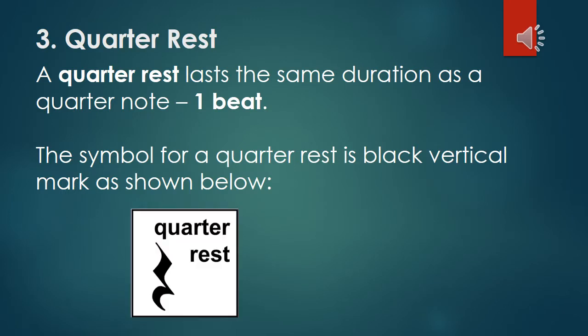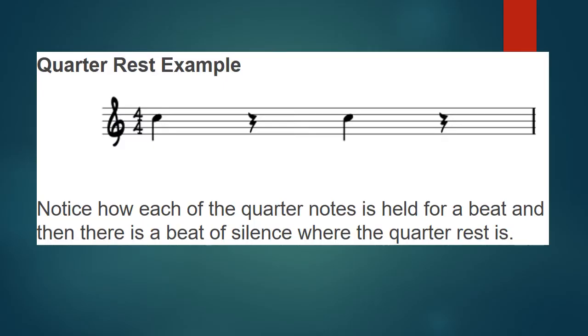Quarter rest. A quarter rest lasts the same duration as a quarter note, 1 beat. The symbol for a quarter rest is a black vertical mark as shown below. You may also occasionally see a quarter rest written as a reverse number 7, but this is increasingly rare.